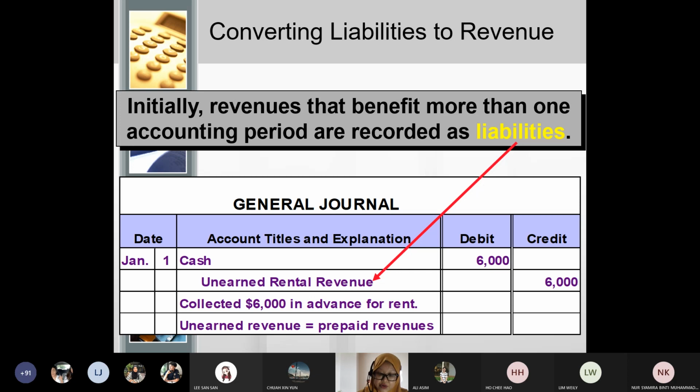On the 1st January, we record the unearned revenue as a liability. The cash is received, so debit cash 6,000, and credit unearned revenue 6,000.